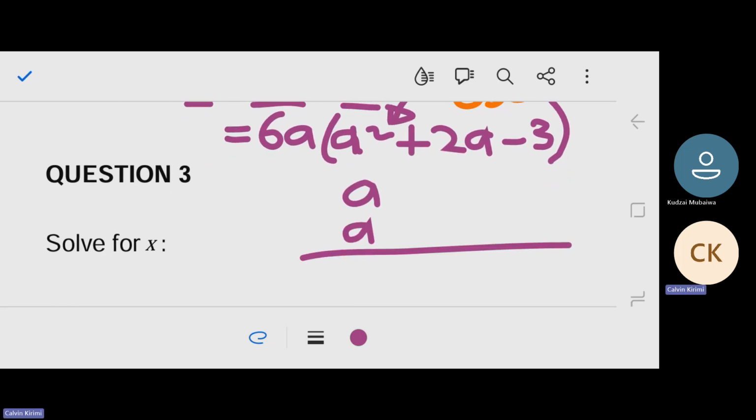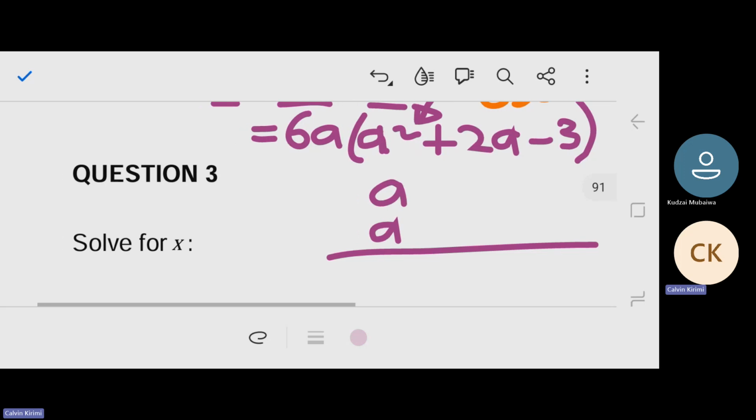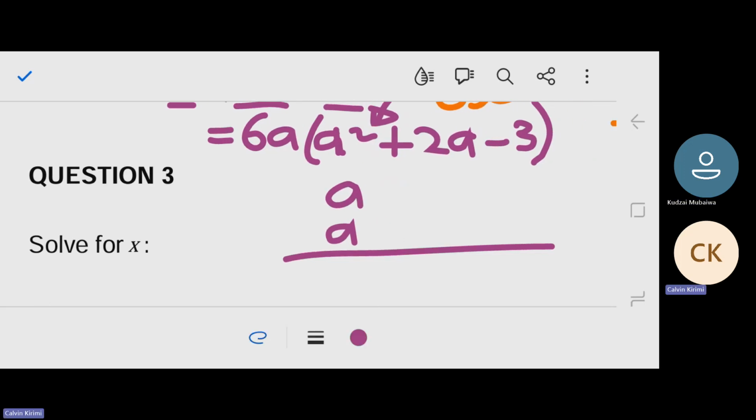That's what we want, so that we get this first term.